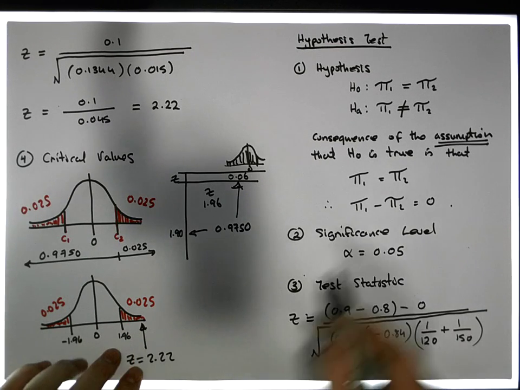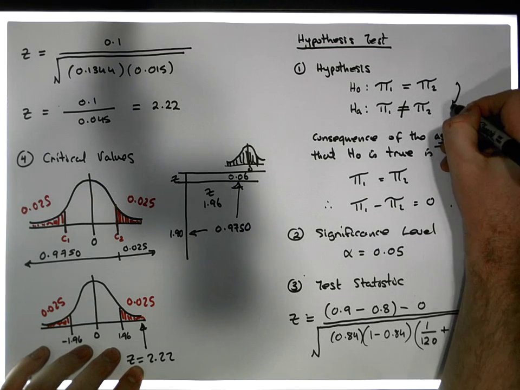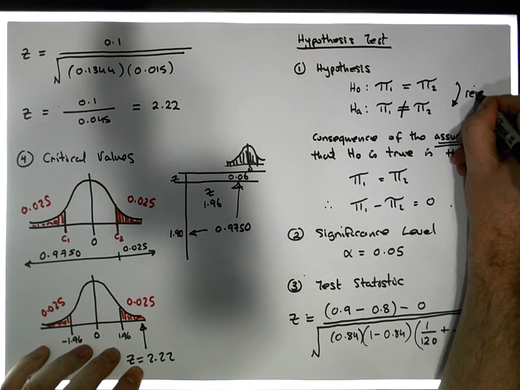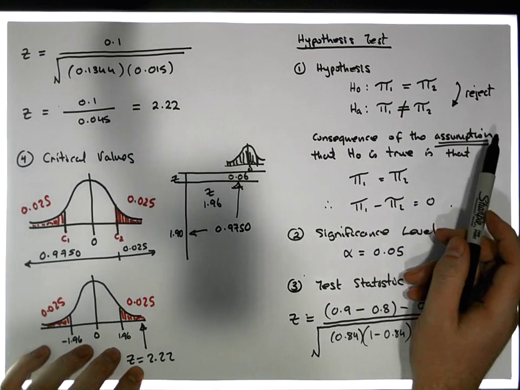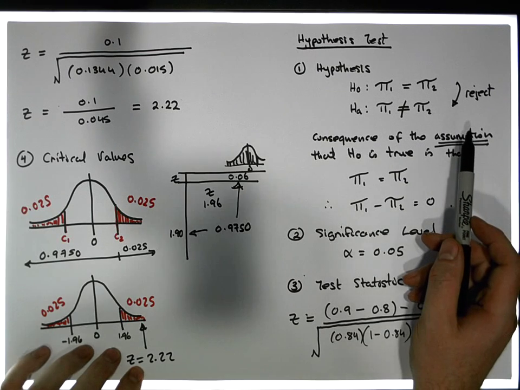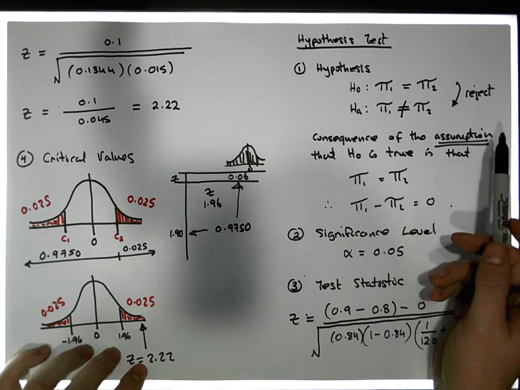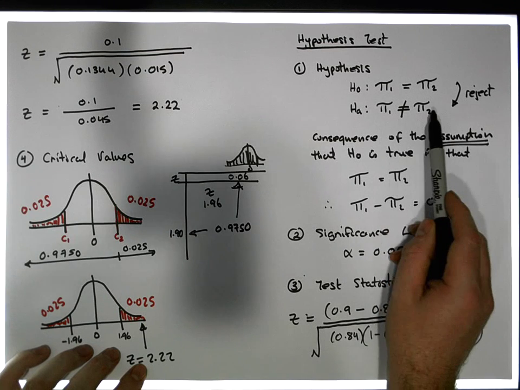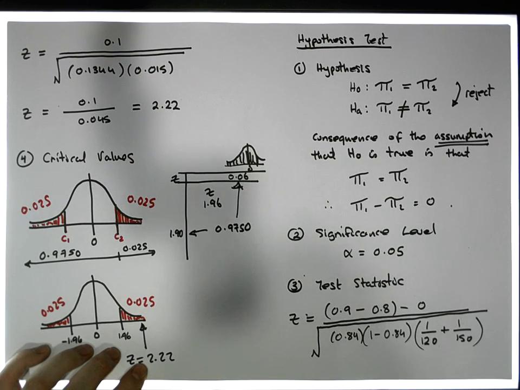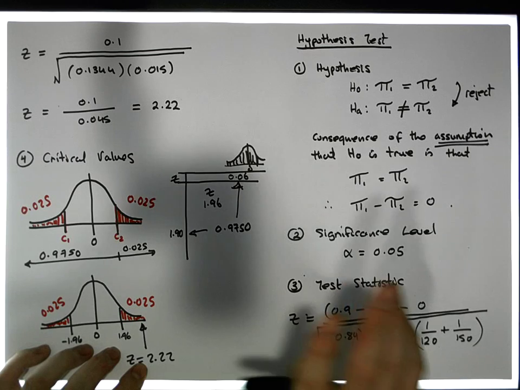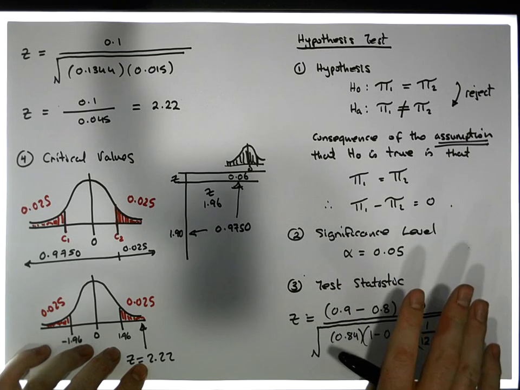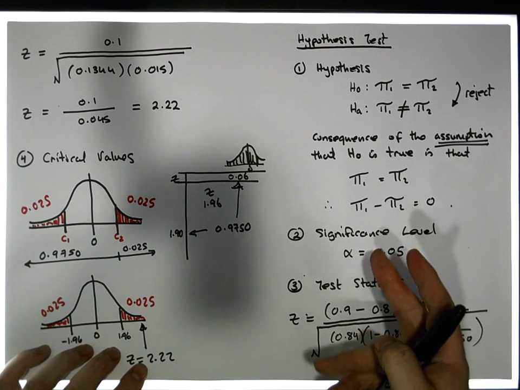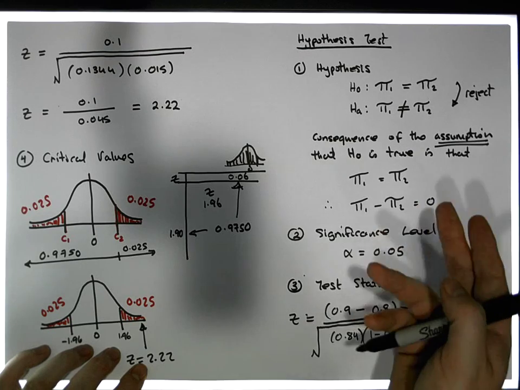We're going to throw this away and reject, which is saying that the samples that have been drawn from those two populations provide evidence to suggest that the true proportions are actually different to each other. That there is a different strategy being applied to those two different banks. There is a different proportion of people allowed to trade down in one bank compared to the other bank.